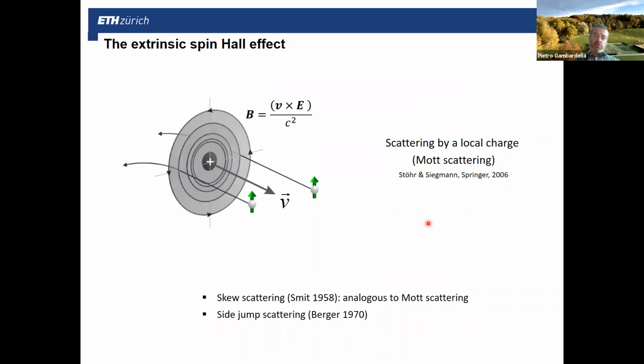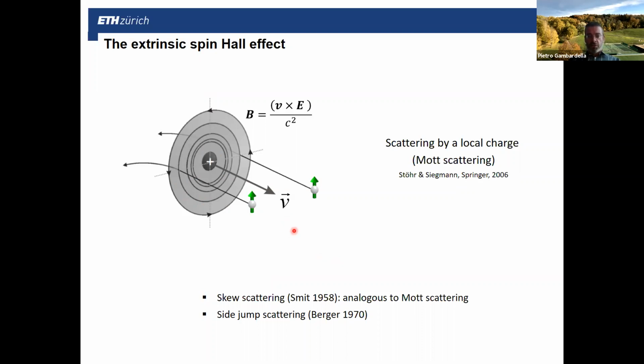And here, by analogy with Mott scattering, where you have scattering of electrons by local charges, one has spin-dependent trajectories of the electrons. This is essentially due to how the electric field, the Coulomb field around the charge impurity, is seen as a magnetic field by approaching electrons, and this will then deviate the electrons' trajectory according to their spin.